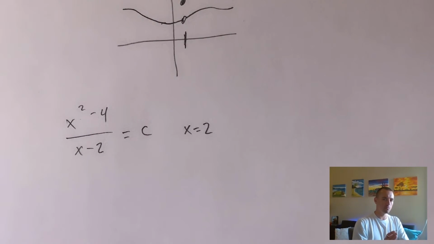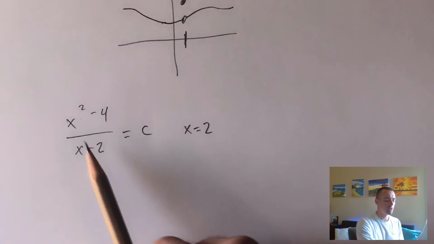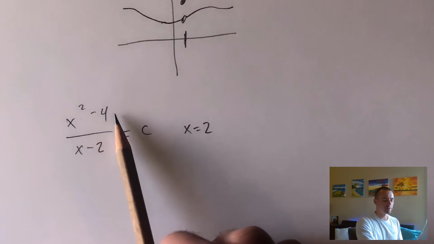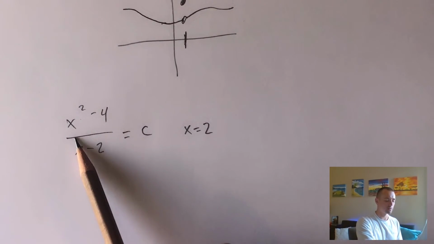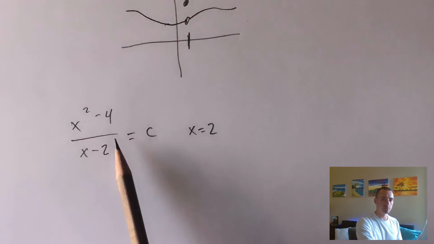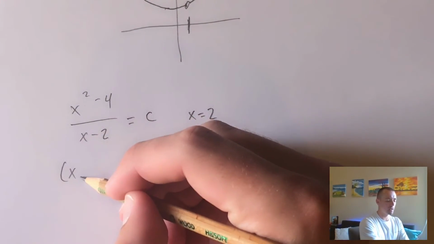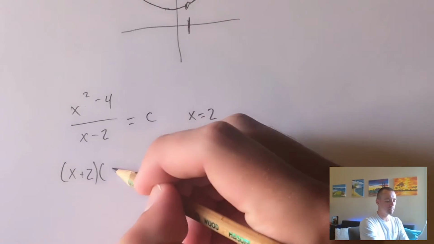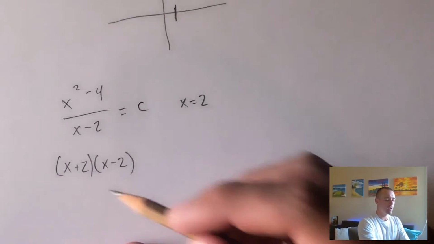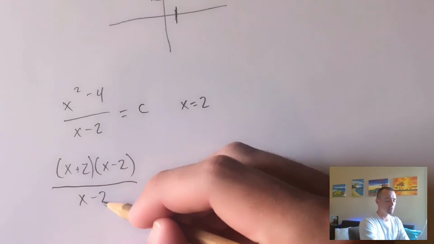Before we do that though, I do want to point out one interesting thing about this specific function, because notice what we have here on the top is a difference of squares. We have a squared term minus another squared term. So what that means is we can factor this numerator into x plus 2 times x minus 2, and then of course that's all over x minus 2.